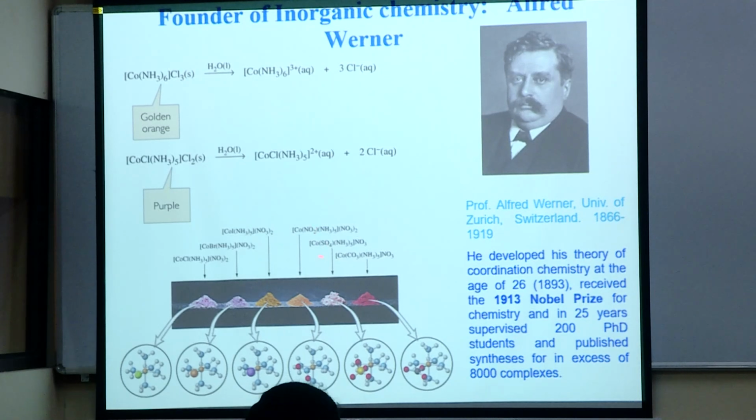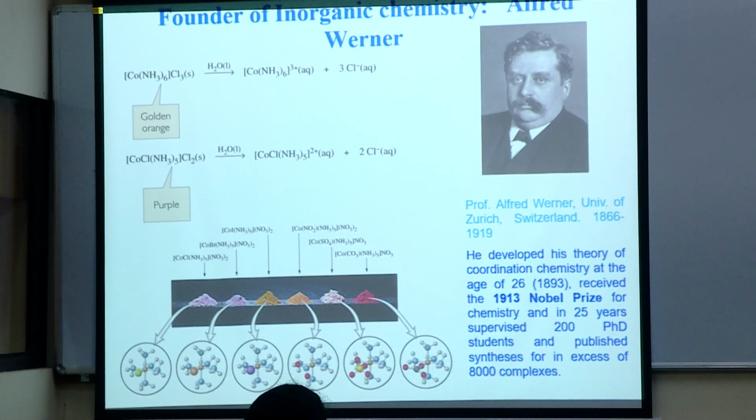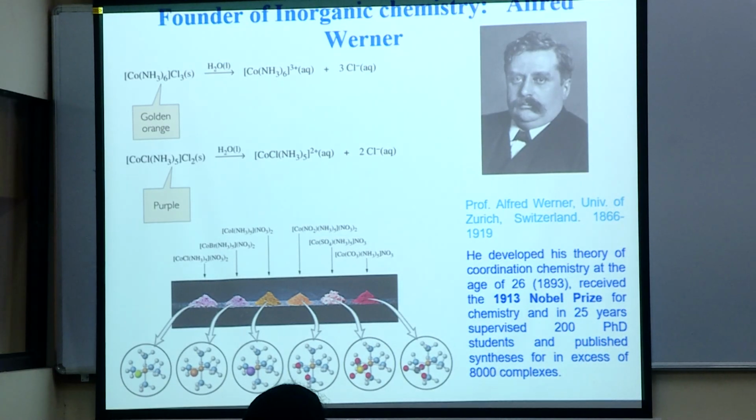Sulfate is a ligand here. So various different kinds of compounds were prepared and shown to have different colors and different properties. For developing such a chemistry which nobody knew before, he was given a Nobel Prize. He was in Zurich, Switzerland. He is called the founder of inorganic chemistry. I am sure some of you would have read that in the textbook.